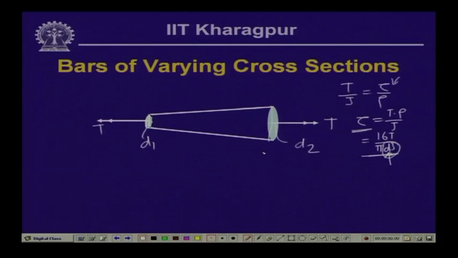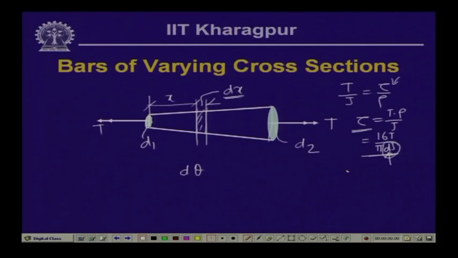Now, if we would like to compute the value of theta, the rotation, let us say we take a section at a distance of x, and let us say this small length is d x, then the change in angle in this small strip we call d theta.